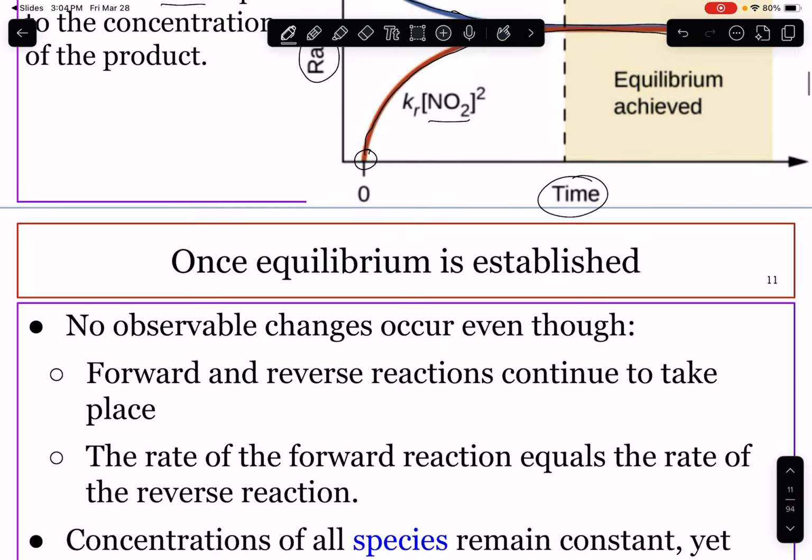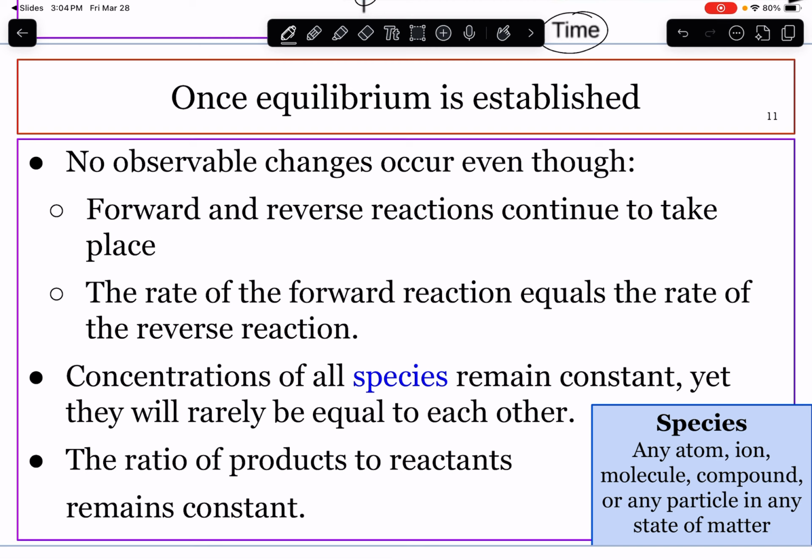Once equilibrium is established, we can observe a few things. One is that there are no concentration changes happening. So if you counted the concentration of the products versus the concentration of the reactants, they would stay the same amount from the beginning of equilibrium for as long as it stays at equilibrium, but they are very rarely equal to each other.